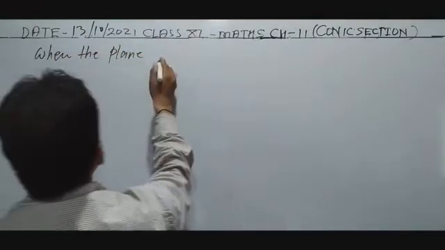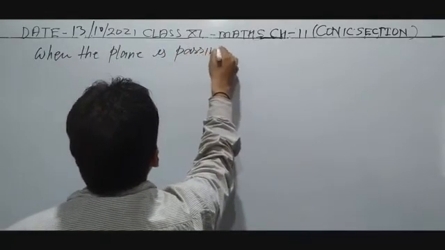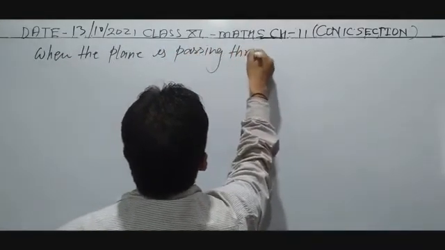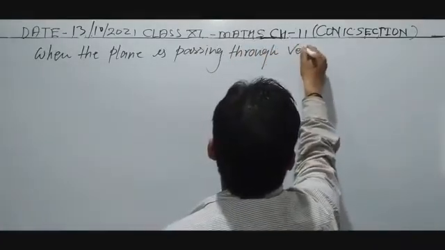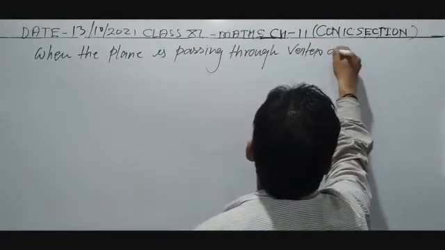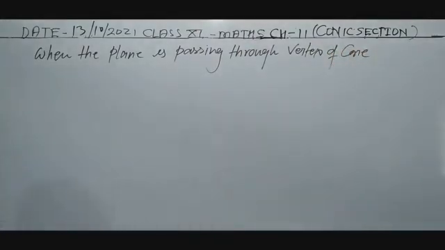when the plane is passing through the vertex of the cone. This is the heading. When the plane passes through the vertex of the cone, this is also known as a degenerate conic section.